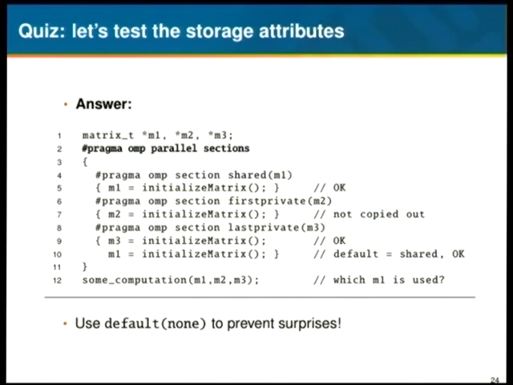Who dares to answer that question? What happens to M2, the initialized M2? Well, it really depends what this initialized matrix does. If it returns pointer to some buffer or whatever, or if it makes malloc and allocates memory. Well, I would guess that matrix is some kind of a pointer to something.